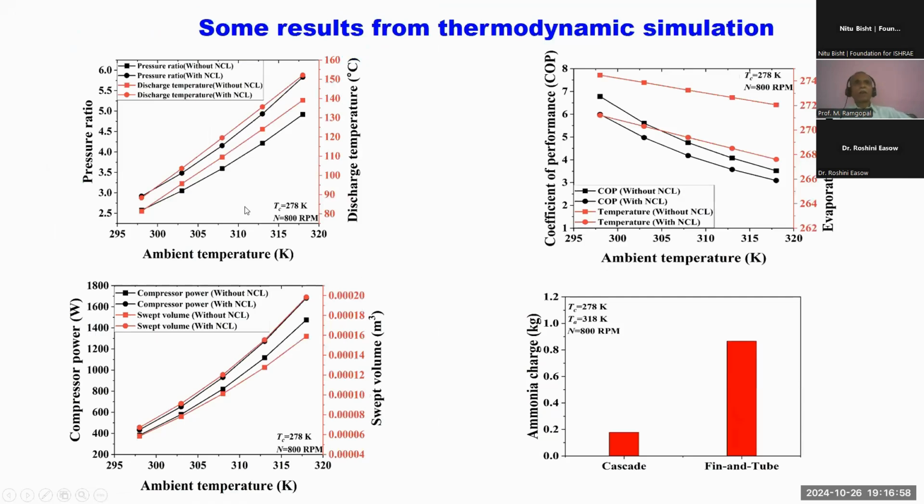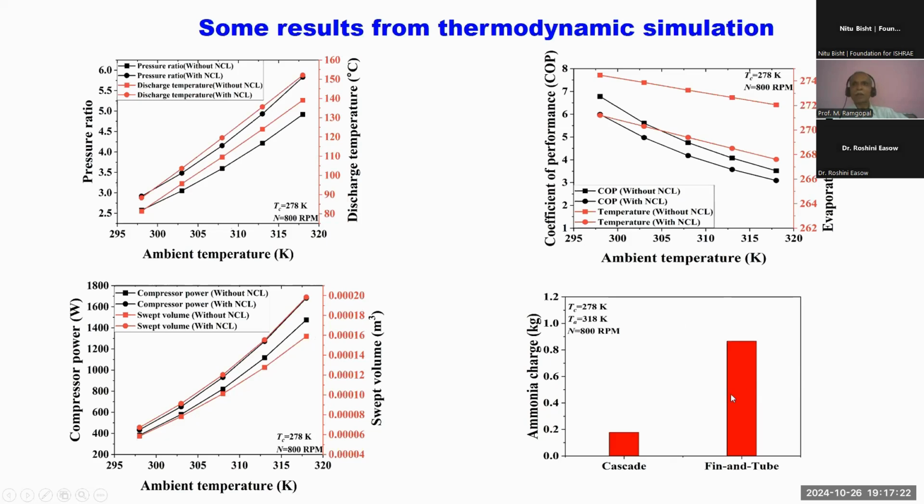Again, we wanted to see, for the system that we have selected, what the typical penalty is because we are introducing this. These results are from thermodynamic simulation of the entire system. As I've already mentioned, there is a 5 to 7% penalty in terms of the compressor power because we are moving away from a single ammonia system to a carbon dioxide plus ammonia system.